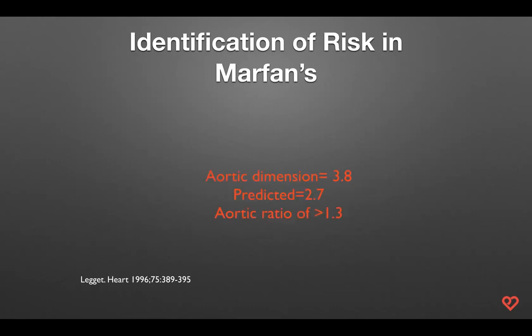So if we were to use this as an example, in our patient, her aortic dimension by cardiac MRI, her sinus of Valsalva, was 3.8. If I put her numbers in, her predicted aortic measurement is 2.7. The ratio of that would be greater than 1.3.